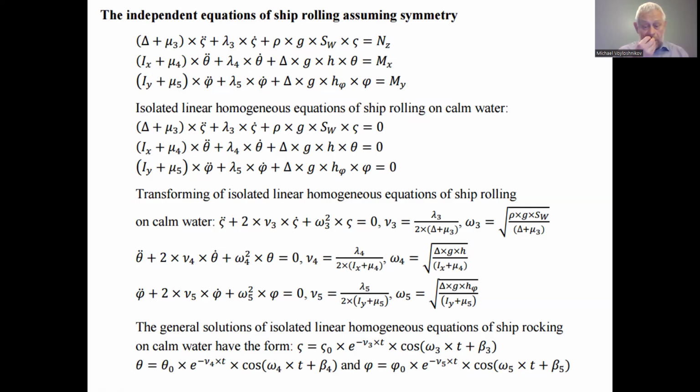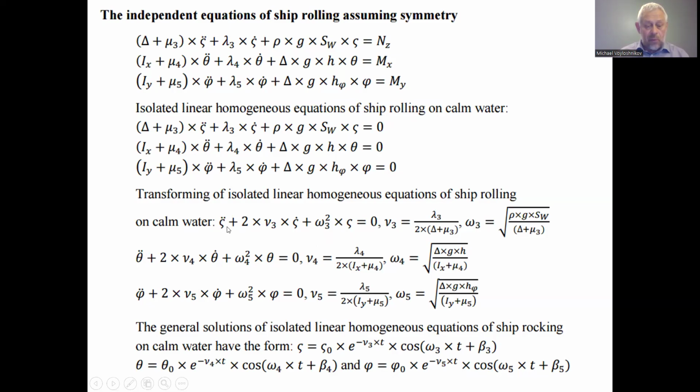And we can have the solutions for the homogeneous equation of ship rolling in calm water. In calm water, we equate the disturbing forces and moments on the right of the equations to zero. And after mathematical transformation of these equations, we can have the solutions of this equation.